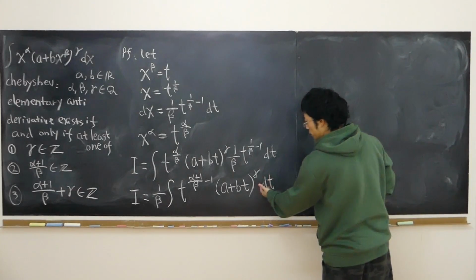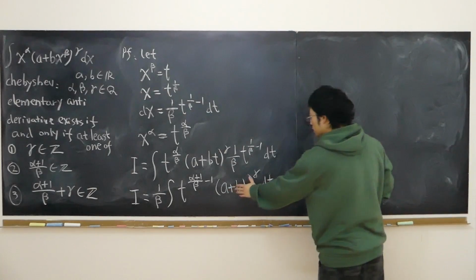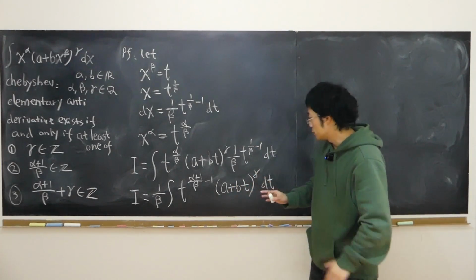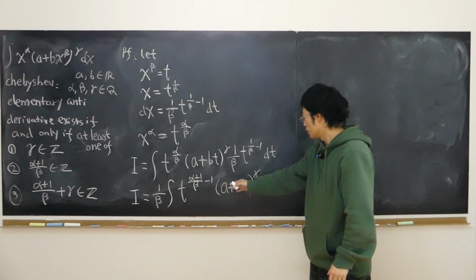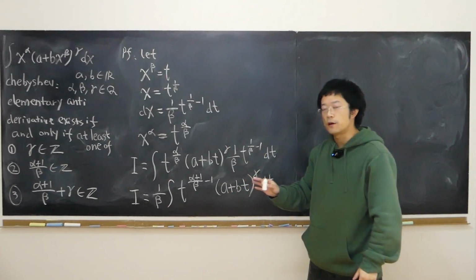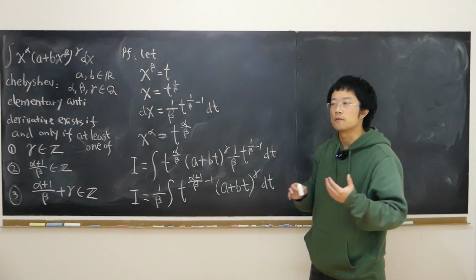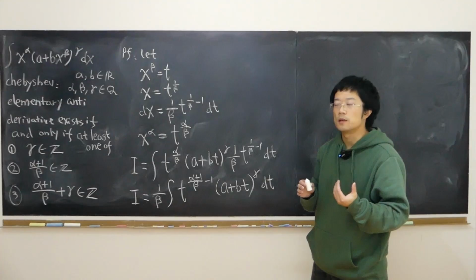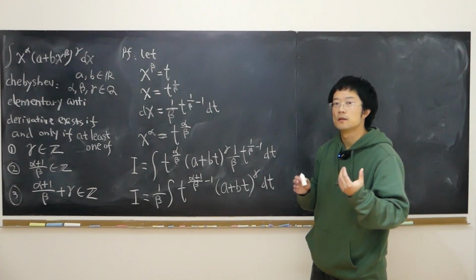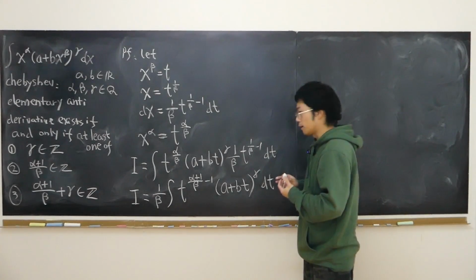If it's a positive integer, then this quantity will automatically become a polynomial. If gamma is a negative integer, then this quantity will just become a rational function. By rational function, I mean when you have a polynomial on the denominator and maybe a polynomial, or it could be a constant, on the numerator. So that's what I mean by a rational function.